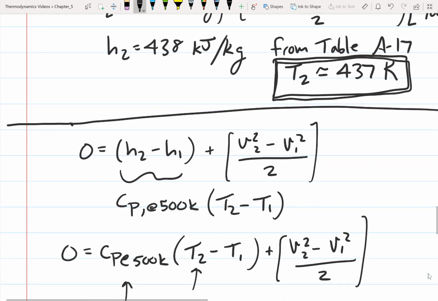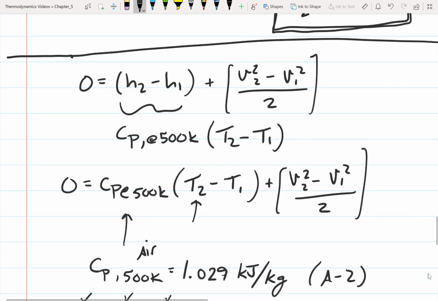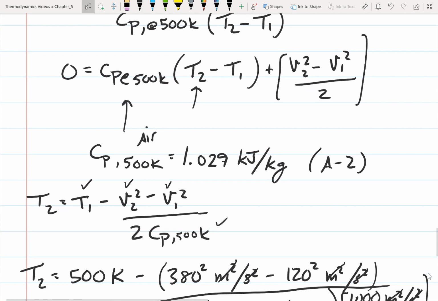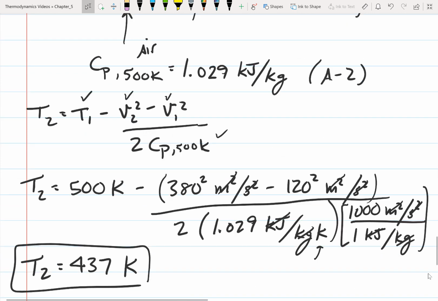And I guess the only problem with doing this with the specific heat is if your temperature change was a lot larger than this, like let's say the temperature dropped several hundred degrees, that might make the specific heat assumption less accurate, since I was just assuming the specific heat for the inlet temperature.